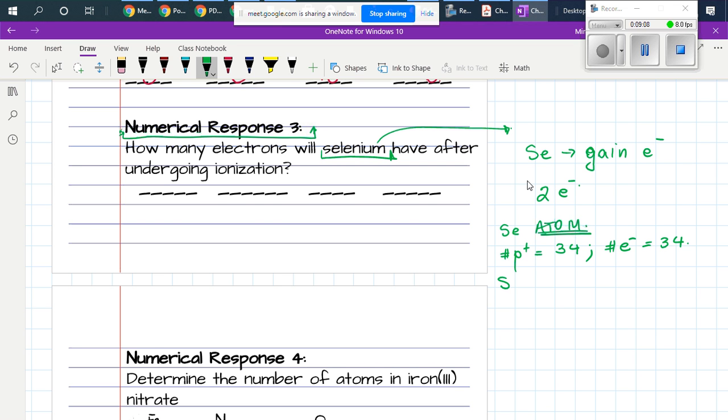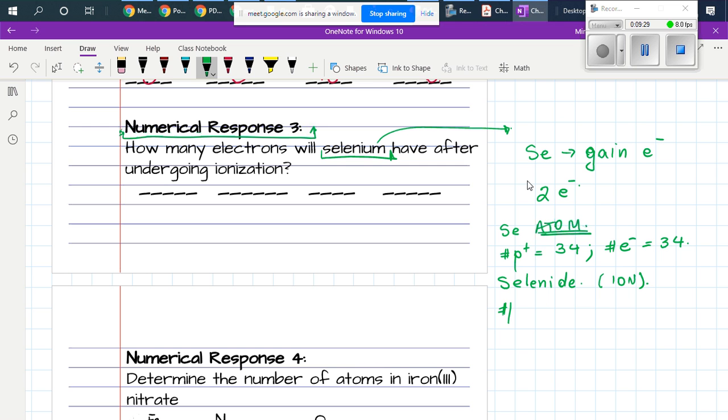But when we have an ion, in this case, the name of this ion will be selenide. Okay, selenide, which is an ion.